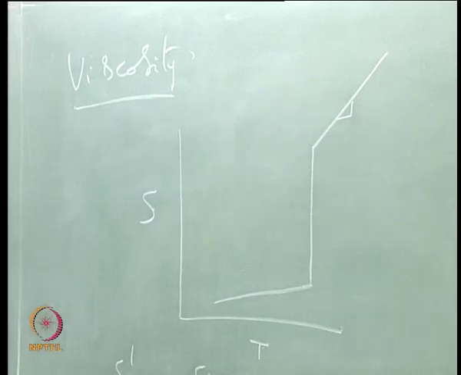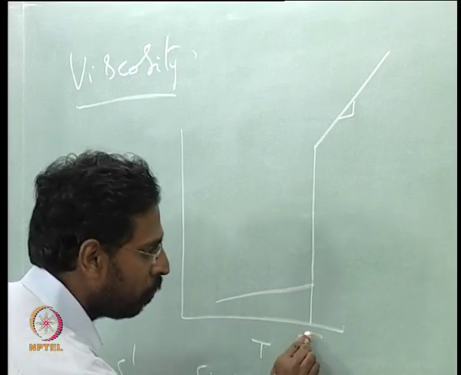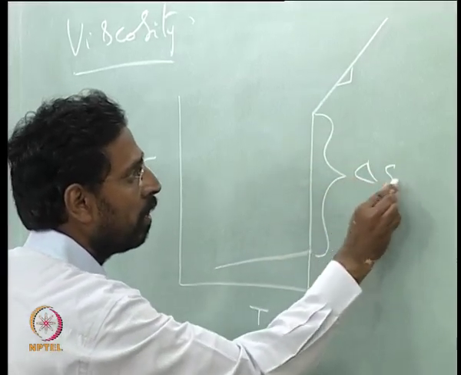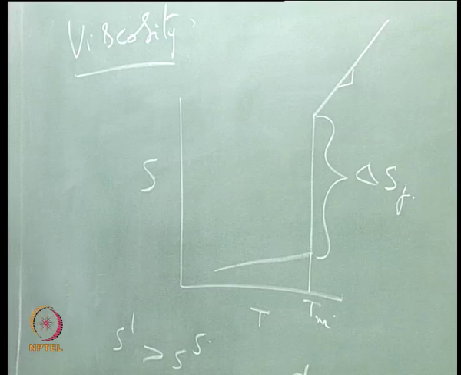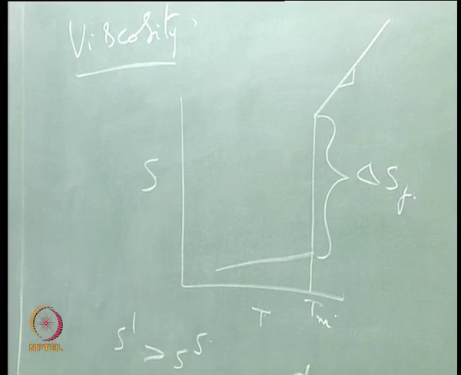If that is the case, at the melting point, at the Tm, there is something called delta SF, what is called entropy of fusion, isn't it?